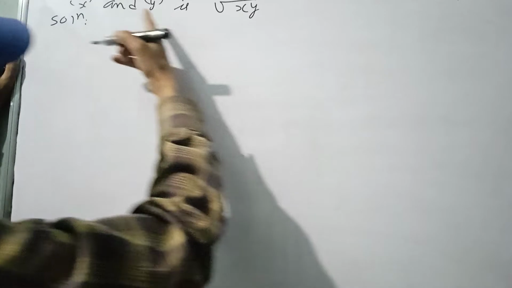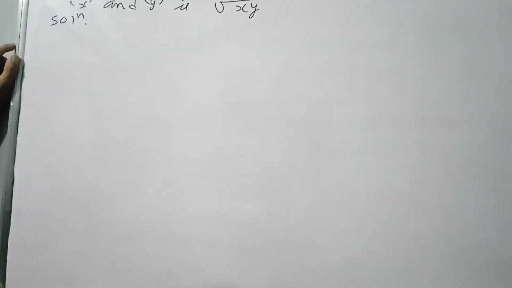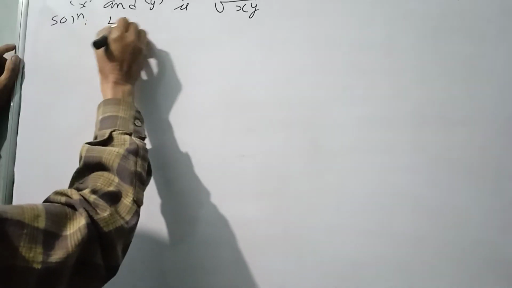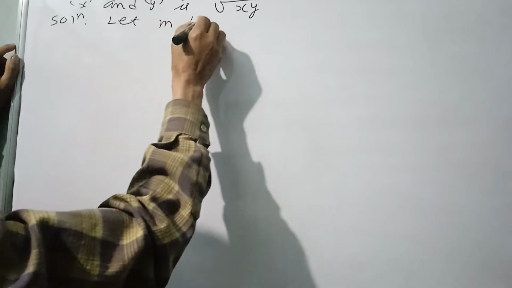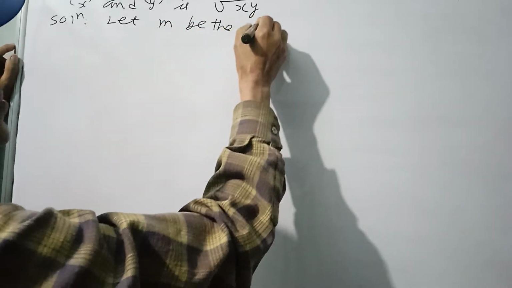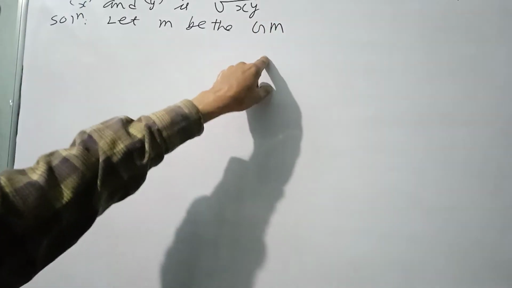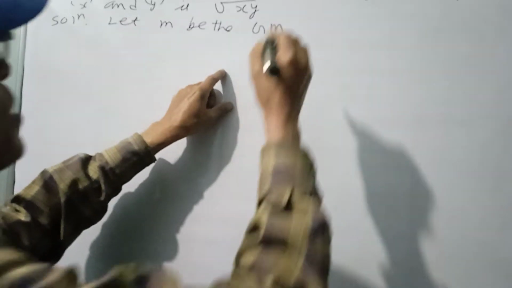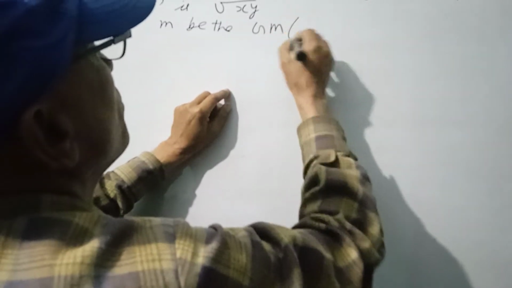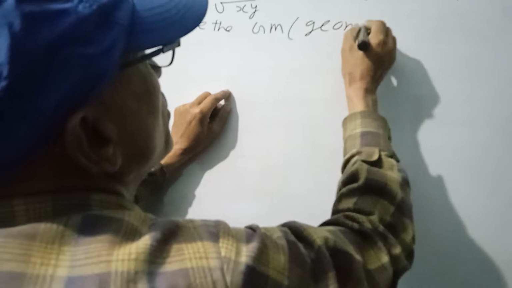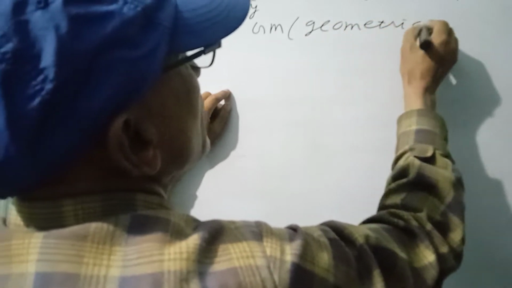Let m be the geometrical mean between x and y. I have already written the full form, GM for geometrical mean.